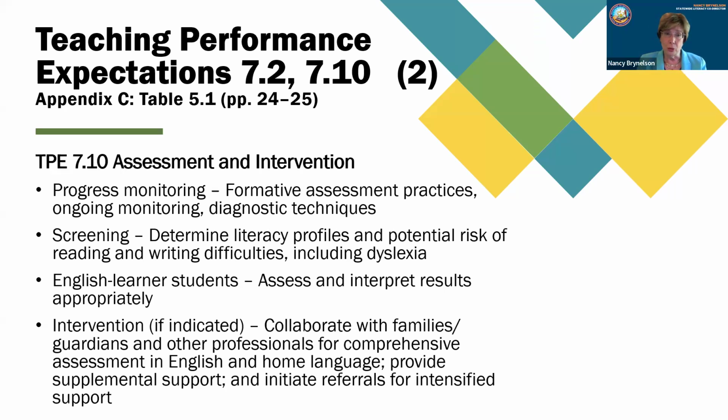Moving on then to how we assess students who are identified as English learners and how we appropriately interpret their results. So, for instance, if a child is doing an oral reading, their accent should not be mistaken for, or the fact that they may pronounce a word differently should not be viewed as a potential error.